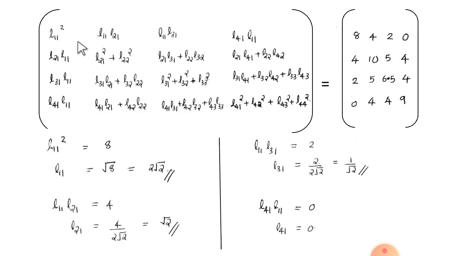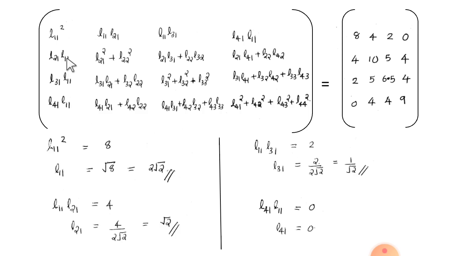In the position of 8, what is there? L11 square is given. So you can write L11 square equal to 8. From this equation you can solve for L11 and you will obtain the value as 2 root 2.